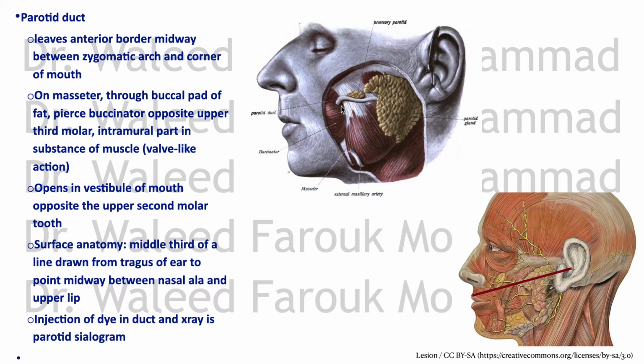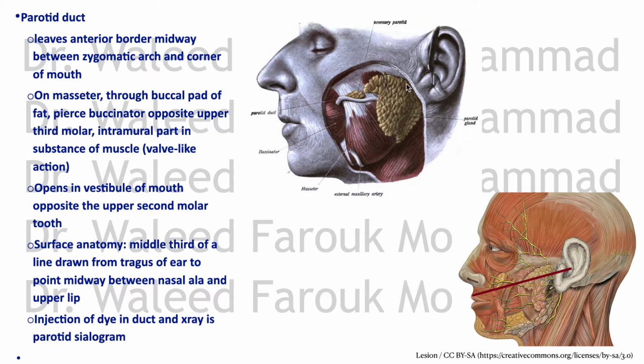Got that? Please. It pierced the buccinator opposite the upper third molar, traveled for a while in an intramural part for a valve-like action, and then opened in the vestibule of the mouth opposite the upper second molar.